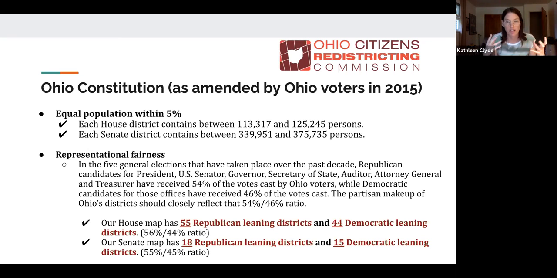That's just sort of the nature of how the redistricting process works. But that's how the overall breakdown works, and that's how we meet that constitutional requirement for representational fairness. Next slide.